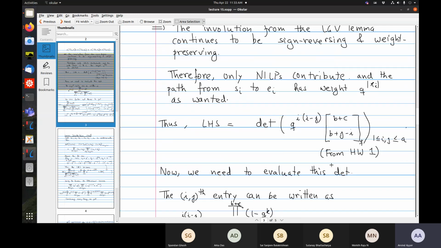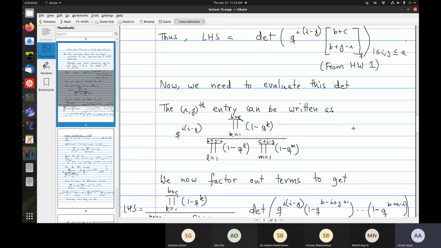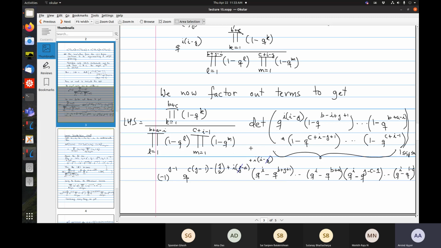Using the non-intersecting lattice path formulation, we showed that the number of plane partitions inside an A by B by C box is given by the determinant of this A by A matrix. And then we started manipulating it. We removed some factors, and we arrived at this formula.